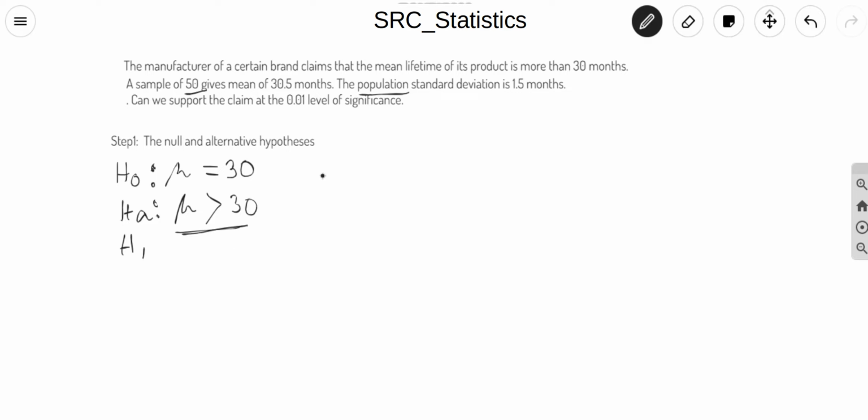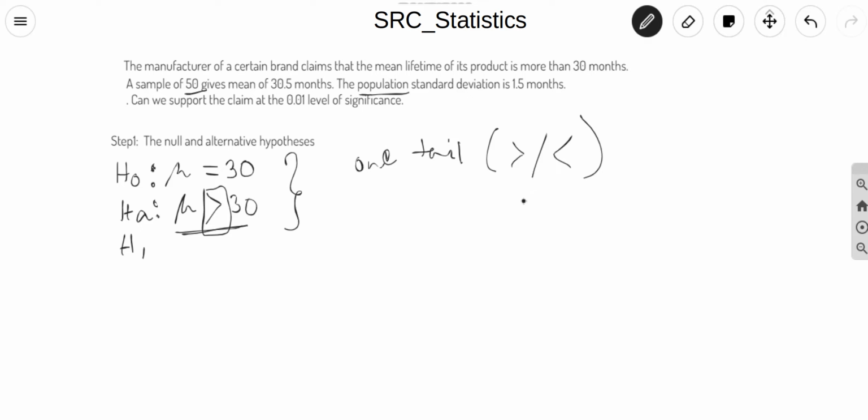So from null and alternative hypothesis, we find out the type of hypothesis test it is. We have two types of hypothesis test, one tail or two tail. Okay, so we can see that the alternative hypothesis has this greater than sign. So one tail, these are called one directional alternative hypothesis.